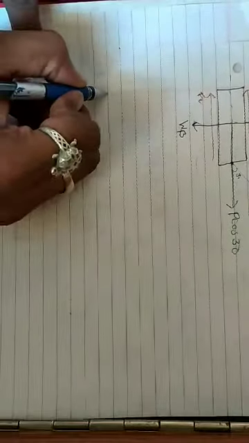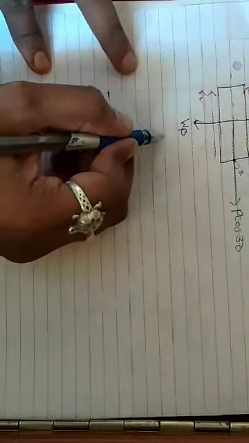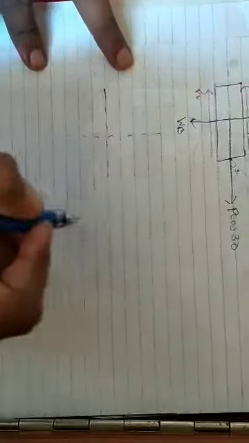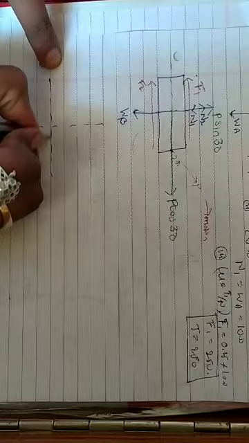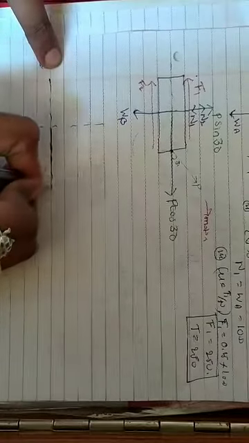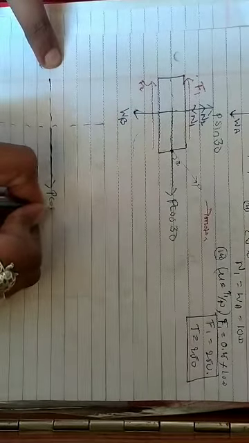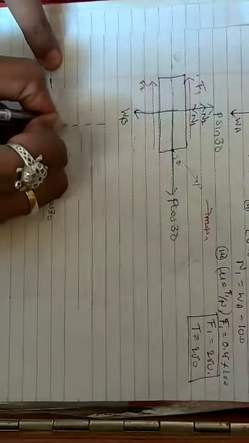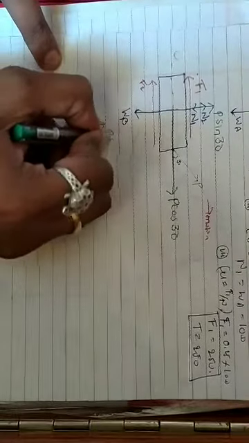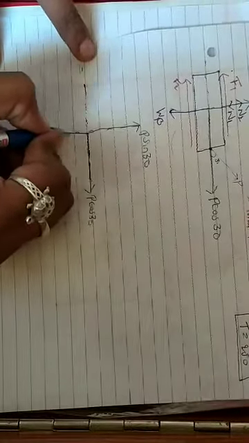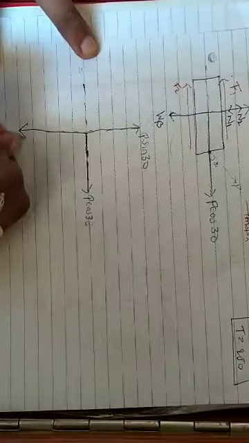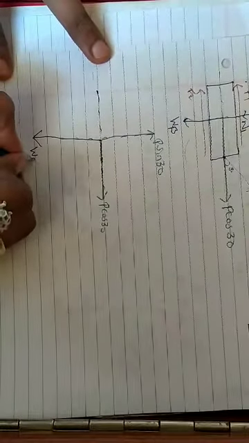Now we'll consider body B. I will draw a coordinate system here, x-axis, y-axis. P cos 30, P sin 30, and weight WB acting vertically downwards.